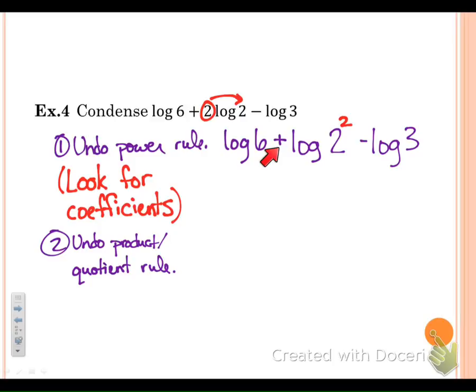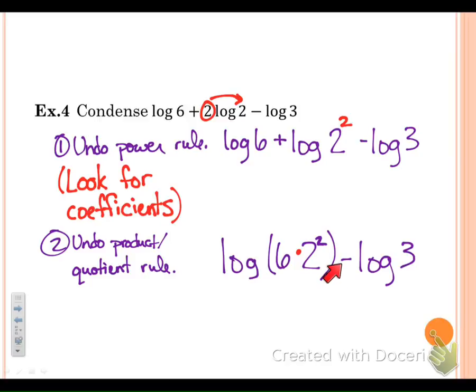I'm now going to have to undo product and quotient rules. I've just got to figure out how am I going to undo product and quotient rules. So I'm going to say that again. Instead of this plus sign, I'm going to multiply these arguments. This is going to look like log of 6 times 2 squared. I condense their logarithm. And then I have minus log 3.